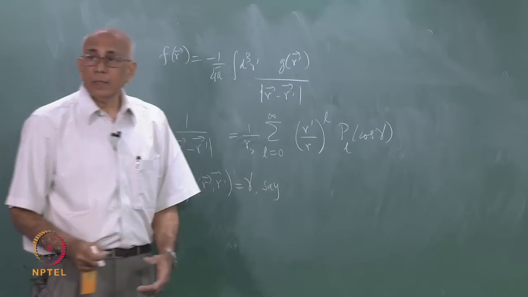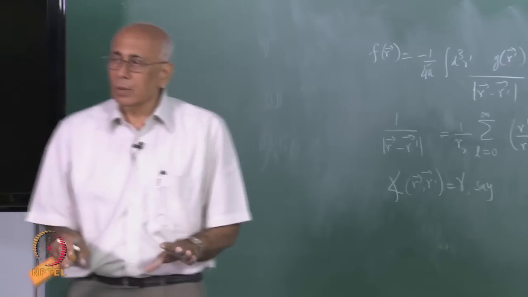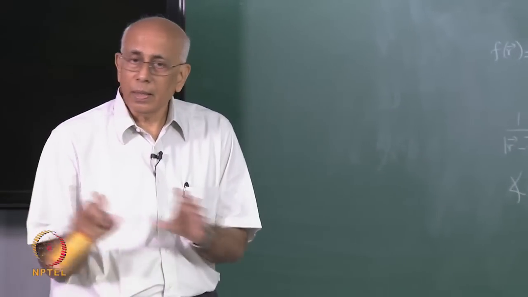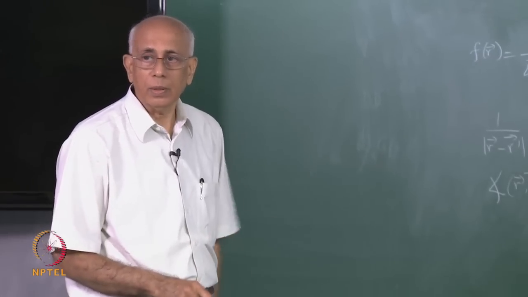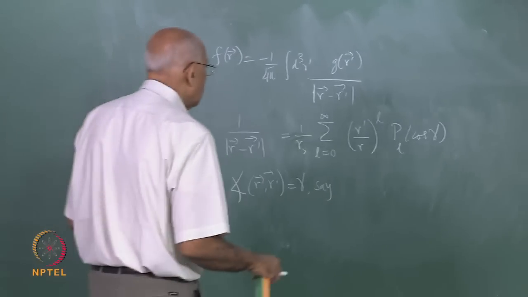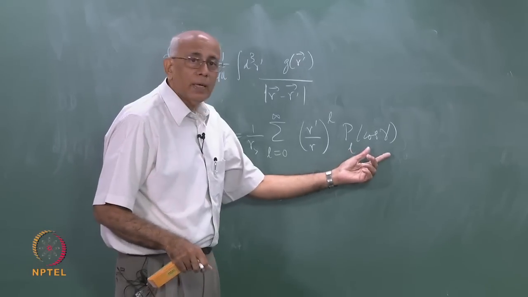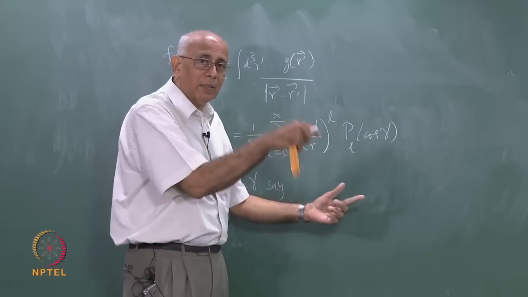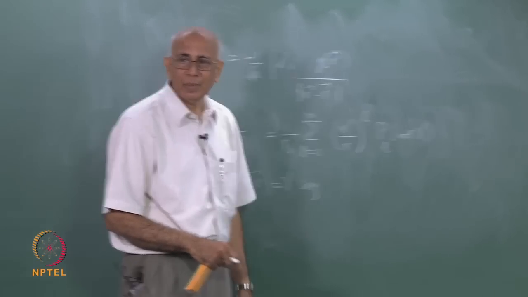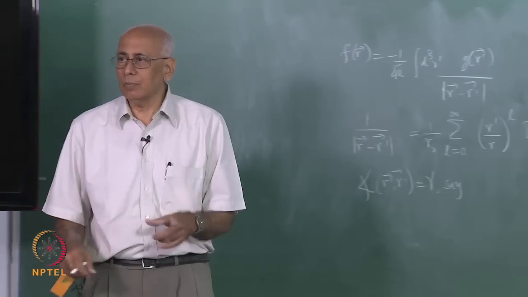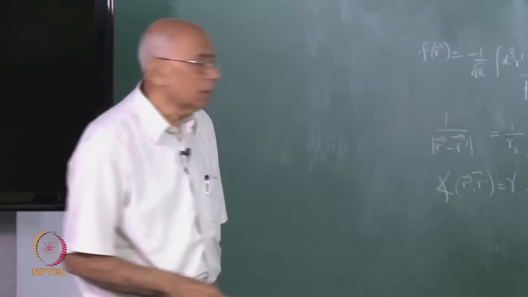But if I want to write this in terms of the polar coordinates of r and r prime separately, then I get the spherical harmonic expansion of the Coulomb kernel, which again I am sure is well known to you from electromagnetism. You have to write this cos gamma back in terms of cos theta, cos theta prime plus sine theta sine theta prime, etc., and use the addition theorem for the Legendre polynomials.